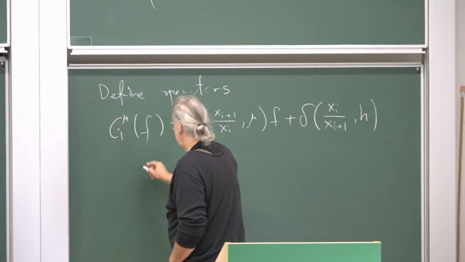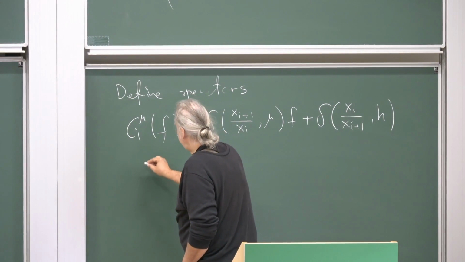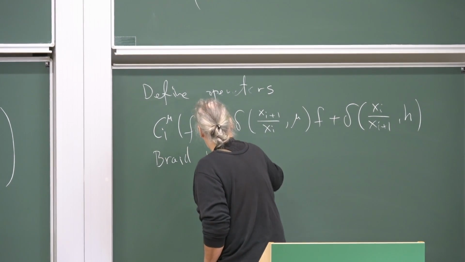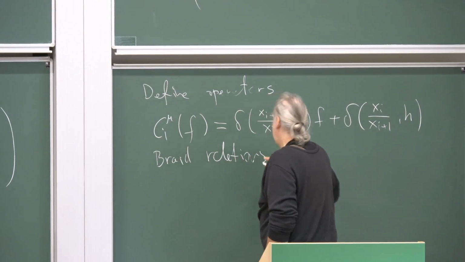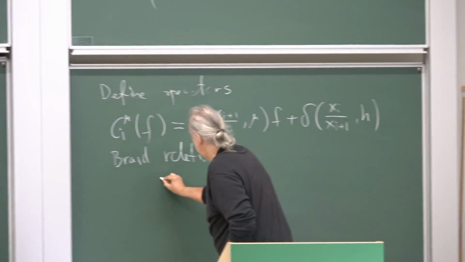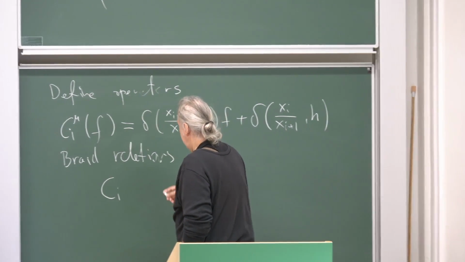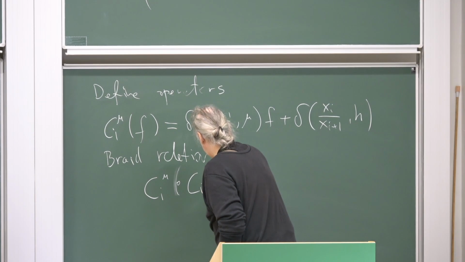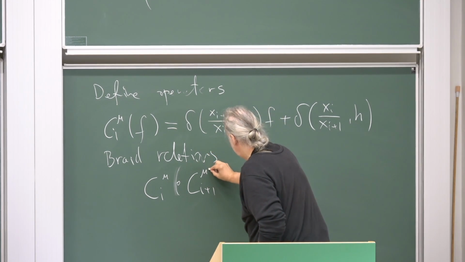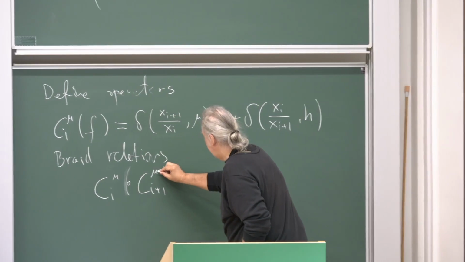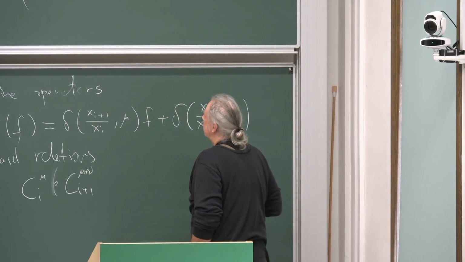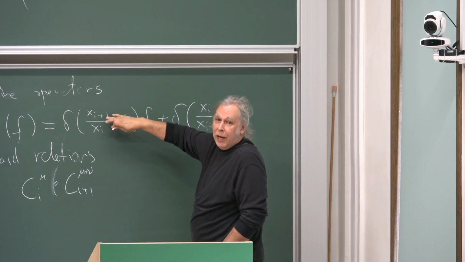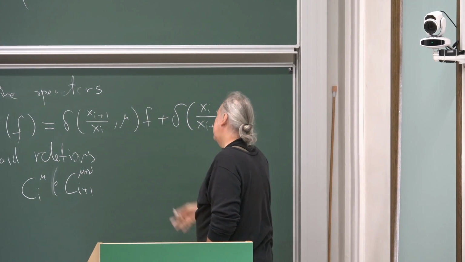So these operations satisfy braid relations. That means Ci mu composed with Ci plus 1 and here mu, say ni. Maybe I use additive notation like this. I use this multiplicative notation, but maybe it should be additive.